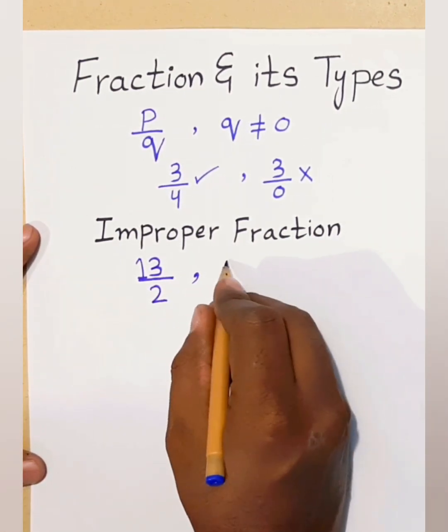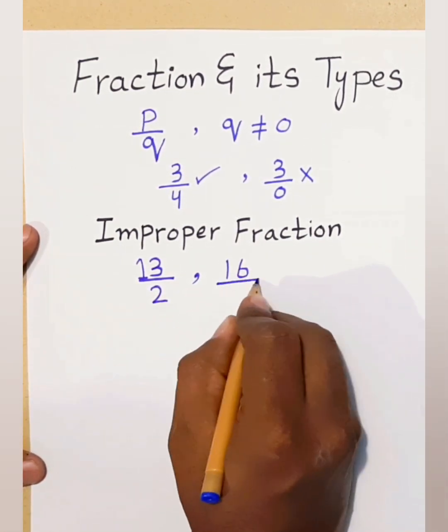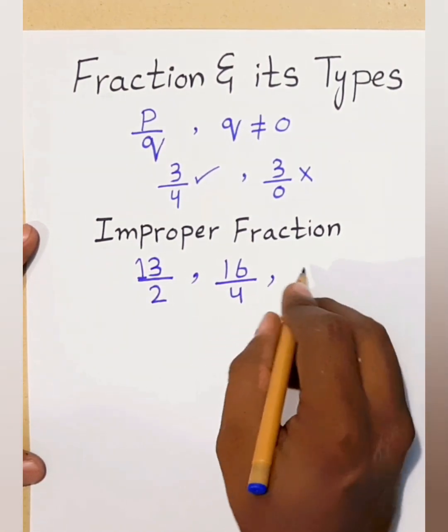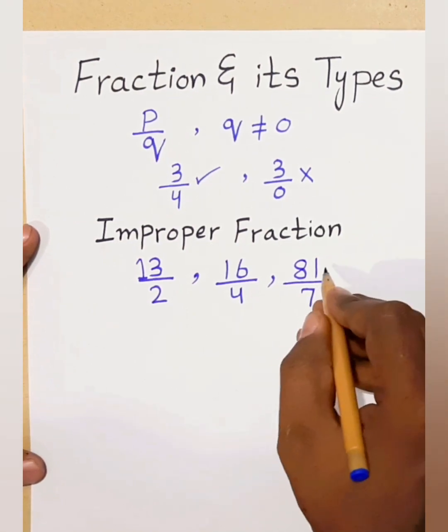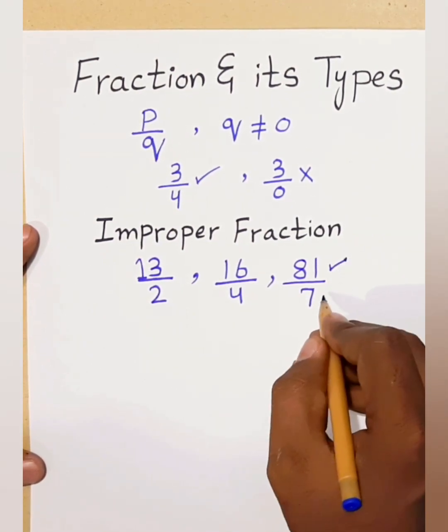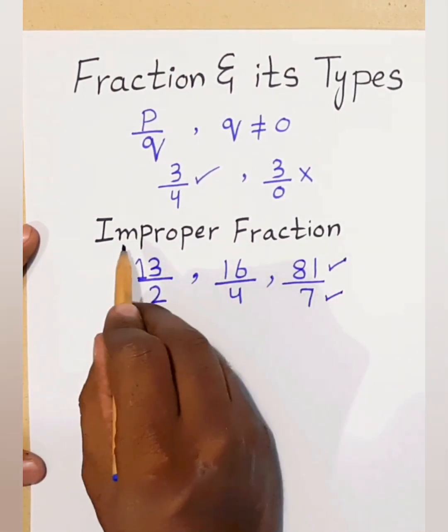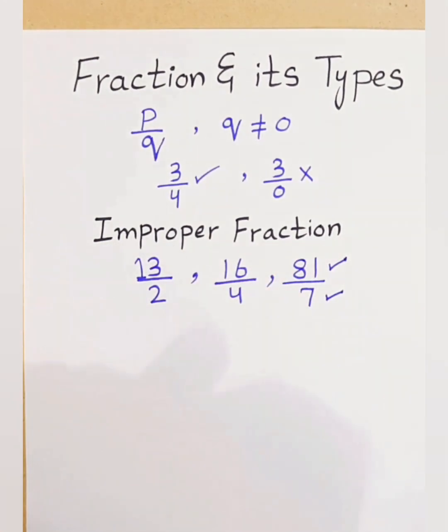For example, 16 over 4 and 81 upon 7. So if the numerator is bigger and the denominator is smaller, it's called an improper fraction.